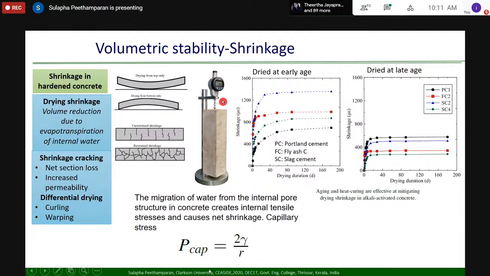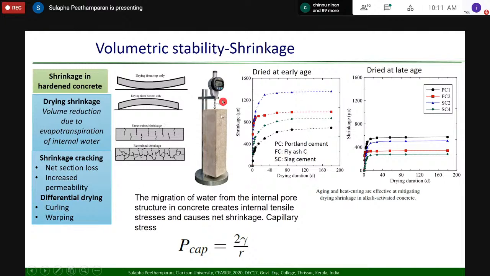It causes capillary stress inside that causes tensile stress in your concrete. When the tensile stress due to the capillary pressure is higher than the tensile strength of the concrete, it cracks. So typically, the concrete reduces in size, and that is called shrinkage.